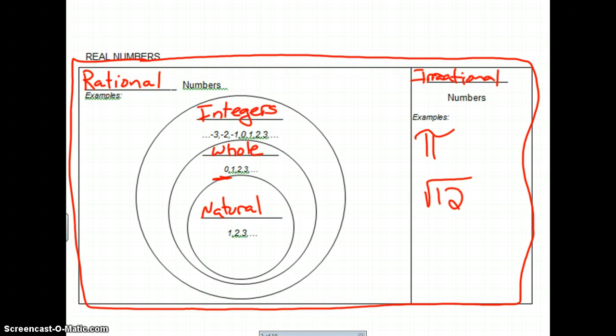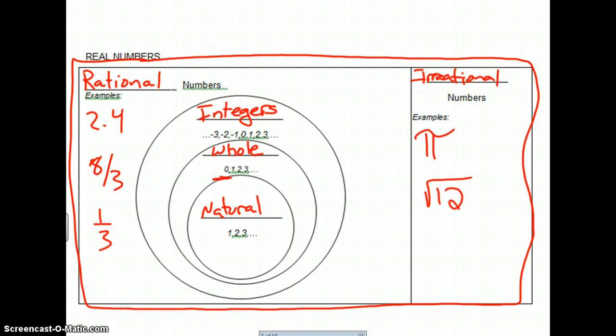And then we have a lot of other numbers that fall into rational that don't fit within this category. And they're decimals, 2.4. The square root of, well, I'm not going to use the square root of 16 at this point because it can be fit inside. 8/3, it's something that's written as a fraction. 1/3.